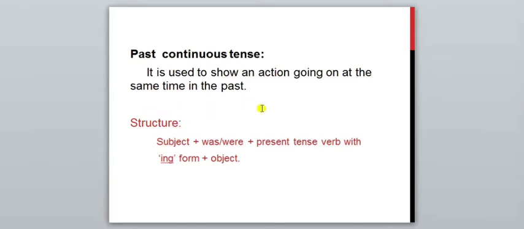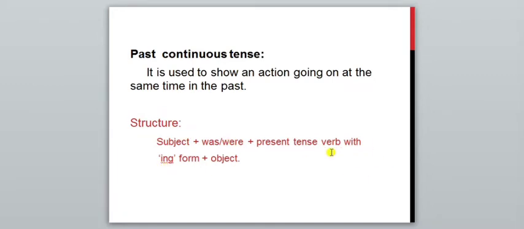Here, your sentence, I was reading a book. I is the subject. Was and were, these both are the auxiliary verbs which are used in the past tense. For continuous action, what do we do here? We use present tense verb having ing, means reading.